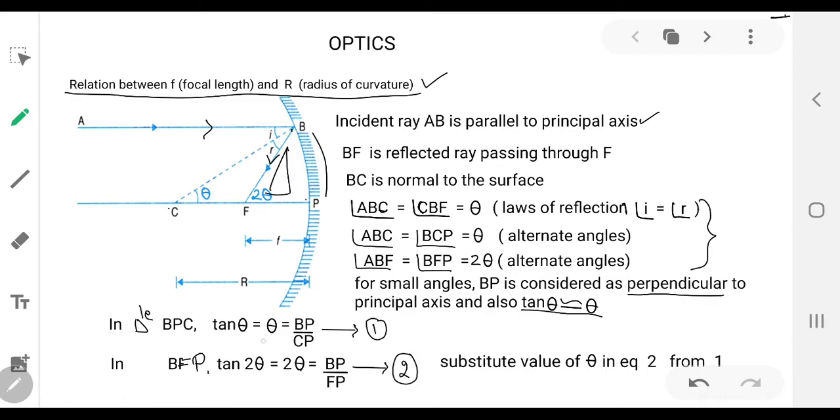Now substitute the value of theta in equation 2 from equation 1. So theta value is BP by CP, that you have to substitute here in this theta. So it becomes 2 into BP by CP is equal to BP by FP.